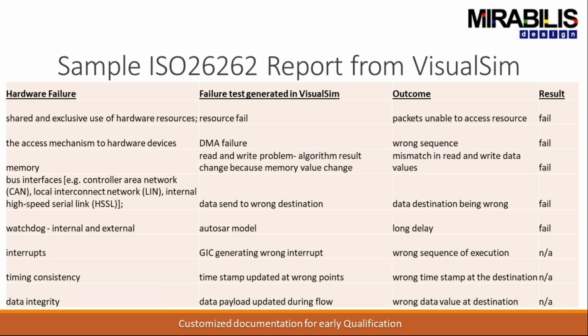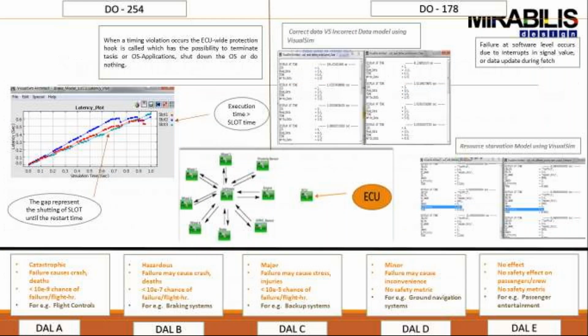So this is a basic report from VisualSim, and here we have DO254 versus DO178. In the upcoming slides, we will talk about the latency, the RTOS failure, and the software failure.